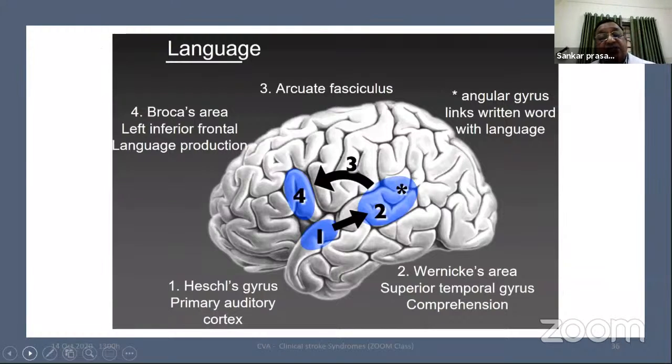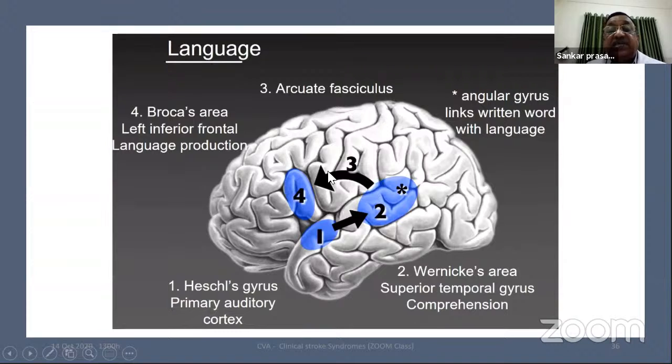So that brings us to the language area, where Heschl's gyrus, the primary auditory cortex, will carry the information to the Wernicke's area or superior temporal gyrus, and here the angular gyrus links written word with the language, and the arcuate fasciculus will take it to the Broca's area in the left inferior frontal language production area.